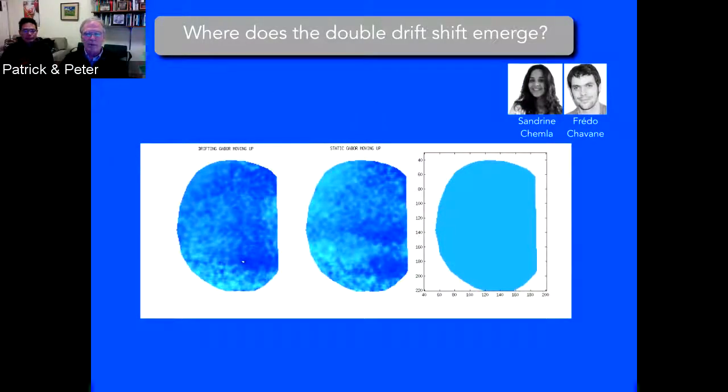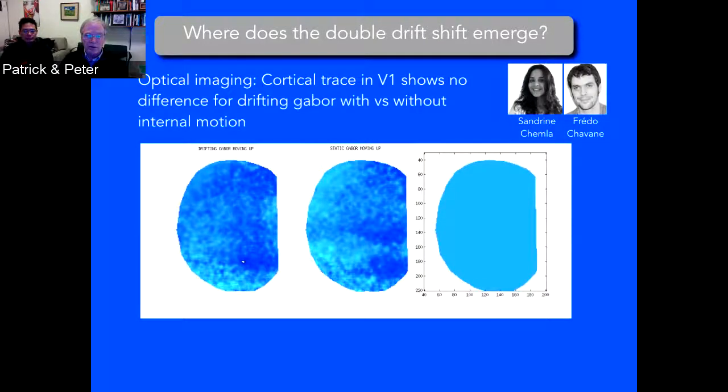You also may remember that the cortical recording, done by Sandrine and Fredo on macaque in V1, optical recording, shows no effect of the illusion, no effect of the drift.